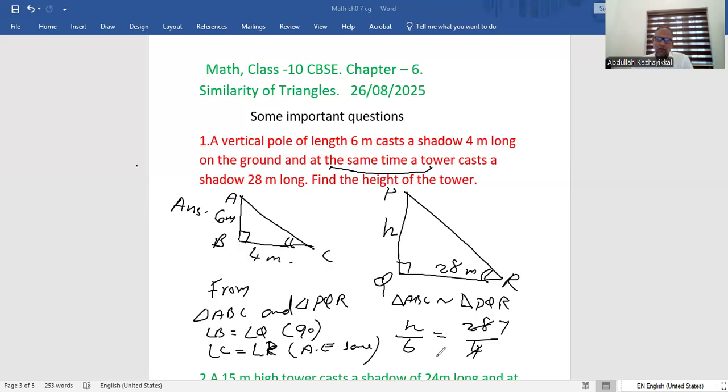Now H is equal to, by cross multiplication, so we got the answer. H is equal to 6 into 7. Correct? 42. We got the answer now. 6 into 7 is 42 meters. That is the answer.